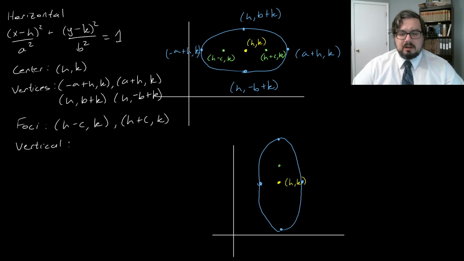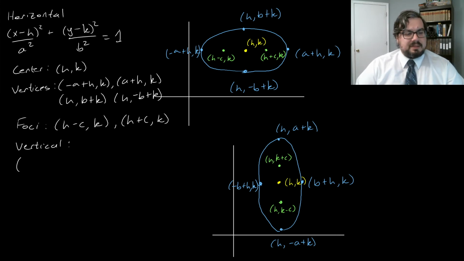So our foci are going to be at h comma k plus c and h comma k minus c. Our vertices are going to be at h comma a plus k, h comma negative a plus k, then b plus h comma k, and negative b plus h comma k.